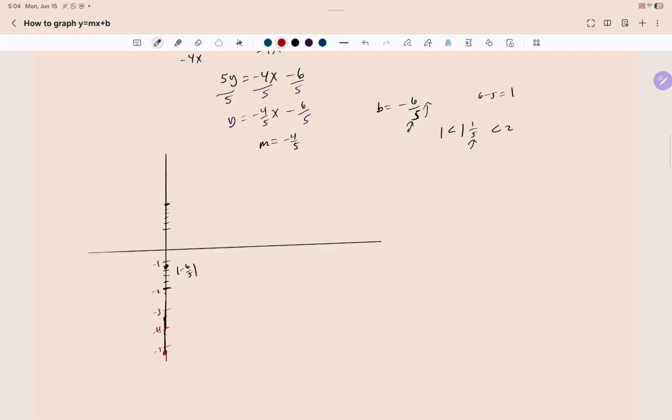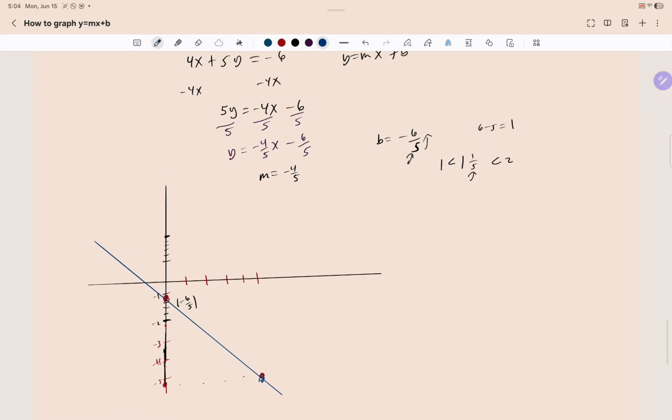Great. But then I'm going to go 5 to the right: 1, 2, 3, 4, and 5. So now I'm just going to draw a line between them. That's okay. Yeah, that's perfect.